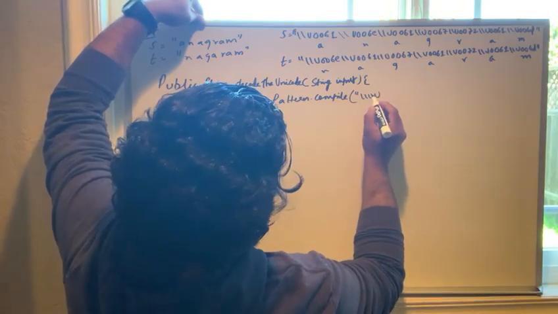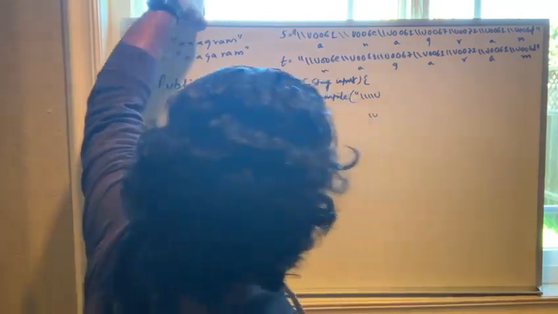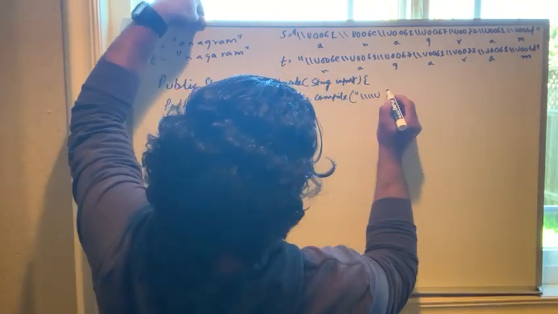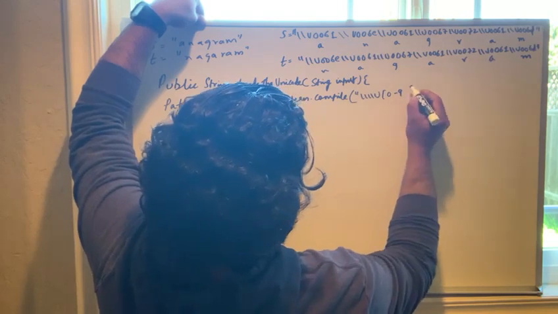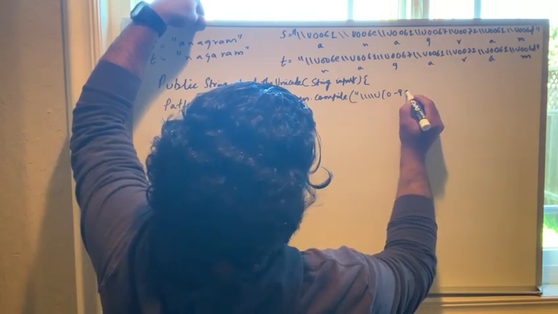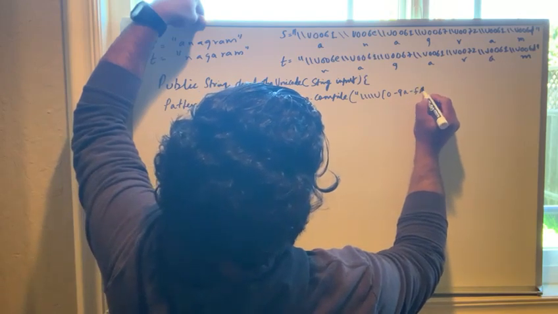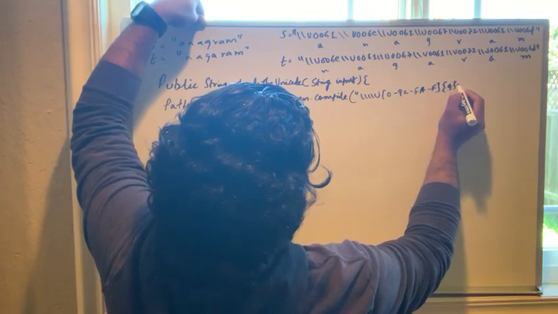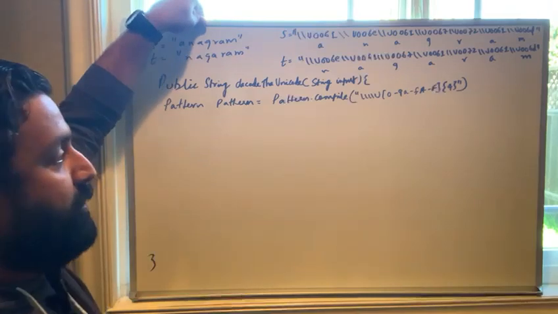So it is going to check for \u, \u, and then 0 to 9 numbers, A to F small case, and A to F uppercase, and all together is going to be of length 4.